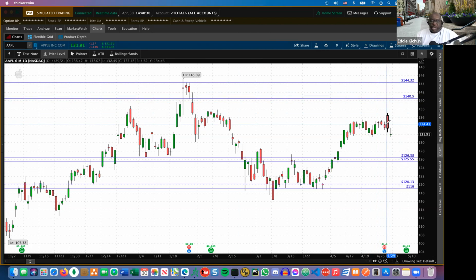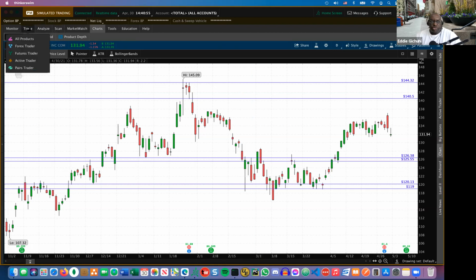But if we decided we have a bearish sentiment on Apple, we could buy a put. How do we do that, right? The way to buy a put is to look at the current price, and we would choose a strike price slightly above, so it's at 132. I can either choose 132 or 133 or something like that.